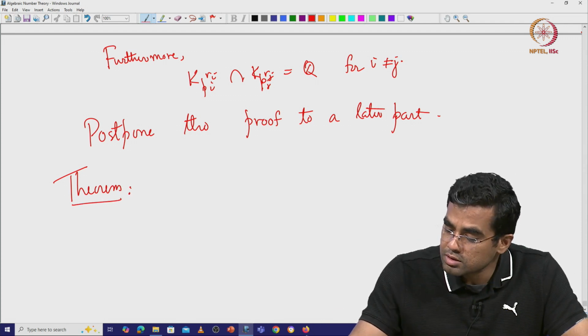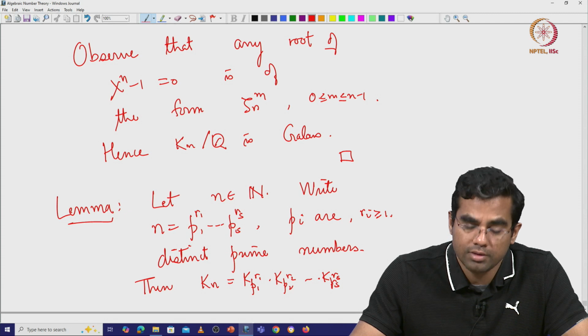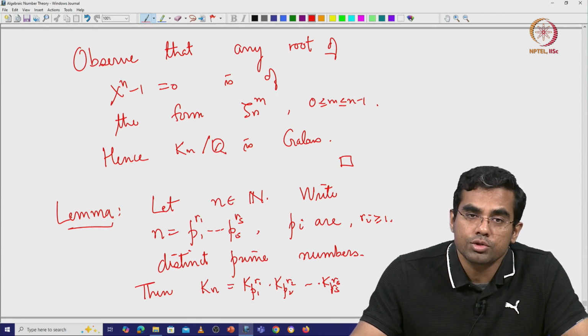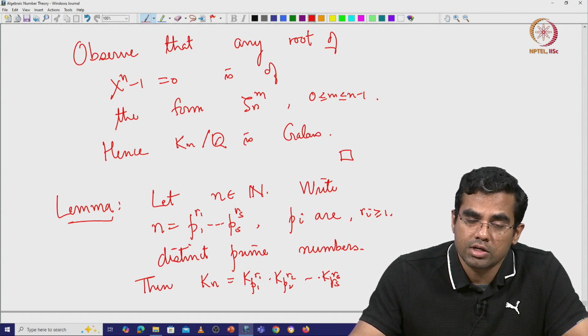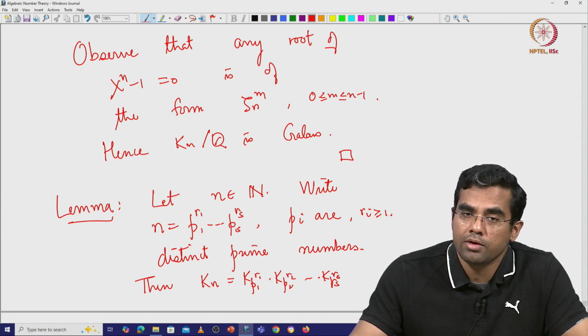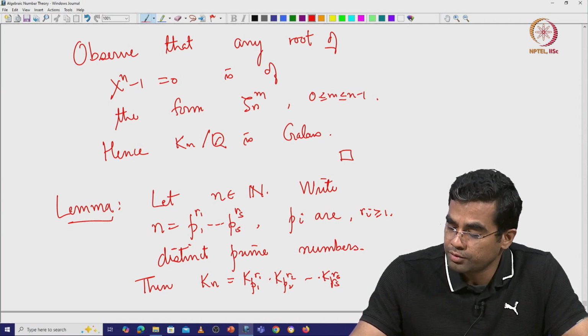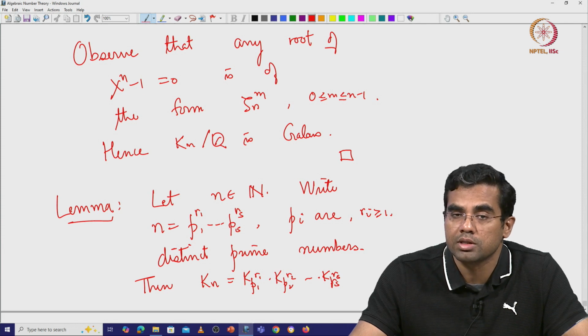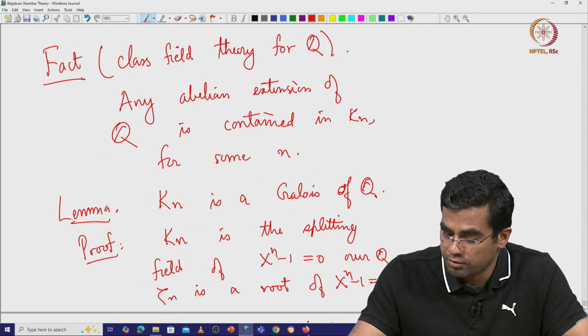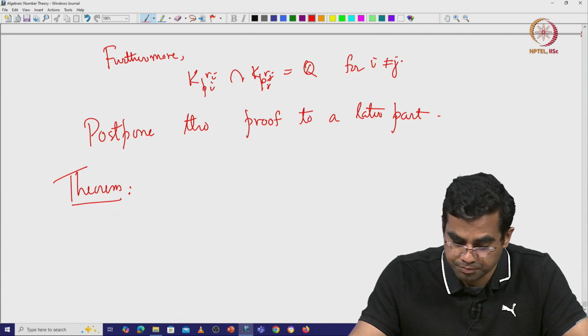The reason I stated this lemma first is that it tells you that to study these extensions for a general n, you need to study them only for prime powers, and once you do it for prime powers, you can deduce many things about a general n from the theorem for prime powers. Okay.